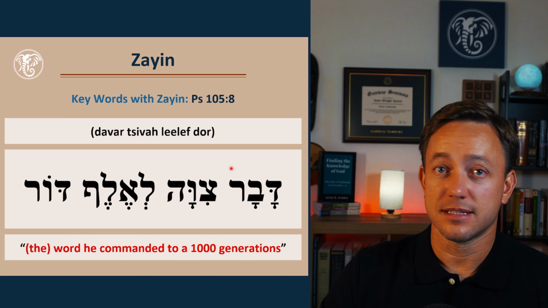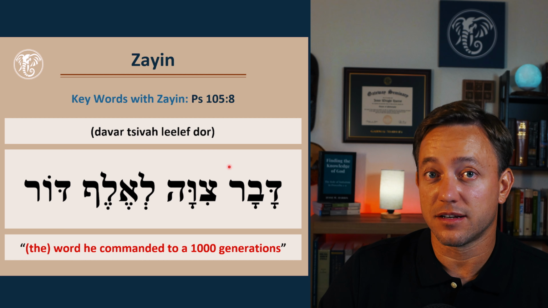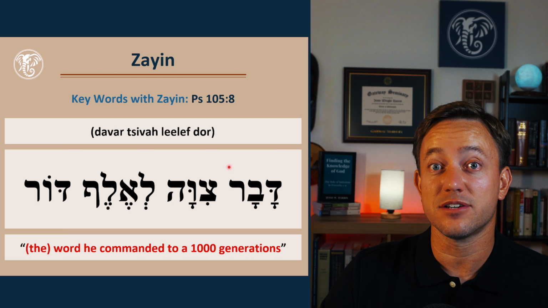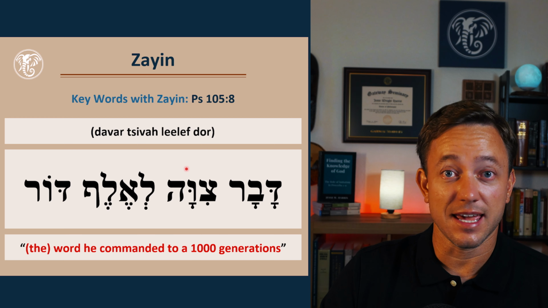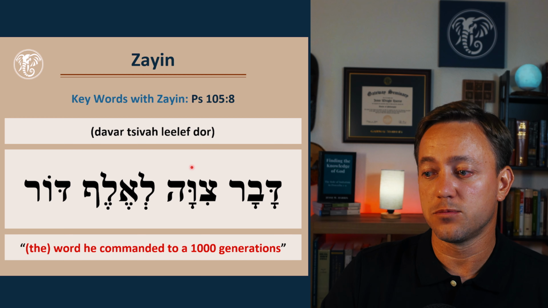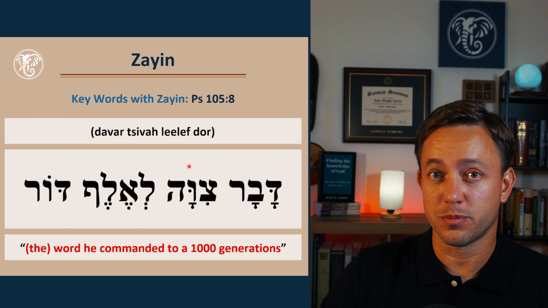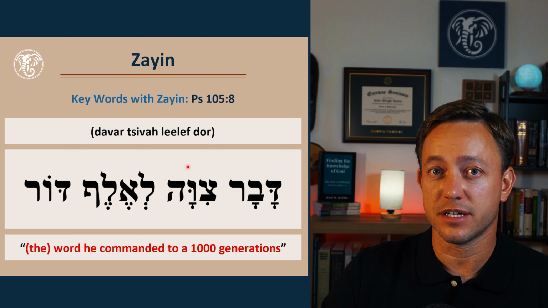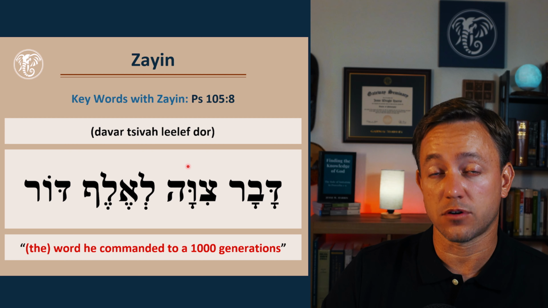And of course, he promised even Adam and Eve back in the garden, those many years ago, that the enemy, that the serpent would not prevail, but that he would send someone, a Messiah, who would conquer that ancient serpent and crush him under his heel and defeat death once and for all.